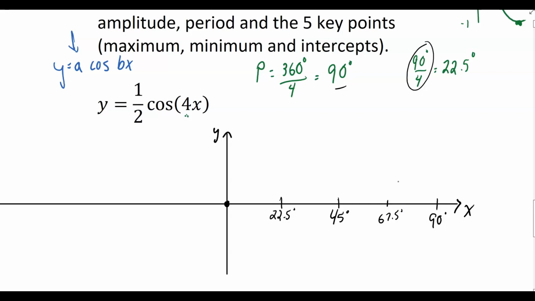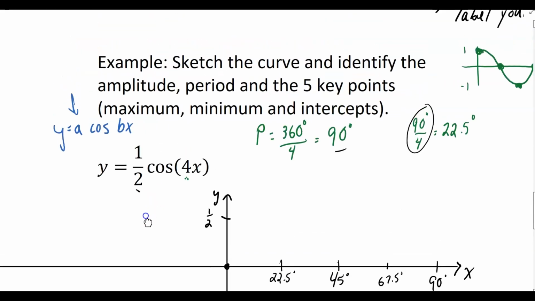All right. I want to put in the correct amplitude. So I'm going to go up to 0.5 or 1/2, and I will go down to minus 1/2. Let's plot our zeros in red.